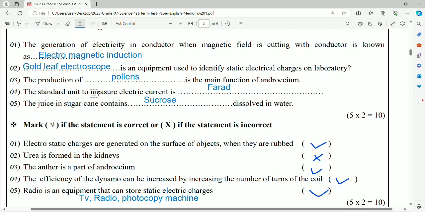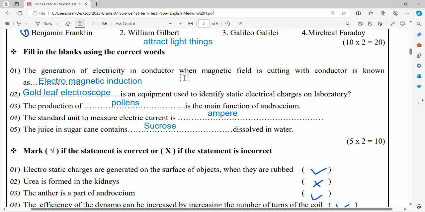The main function of the androecium is production of pollen. The standard unit to measure electric current is not the farad. Electric current is measured in the ampere, but charge is measured by the farad.